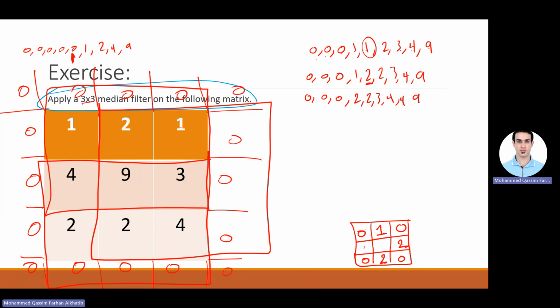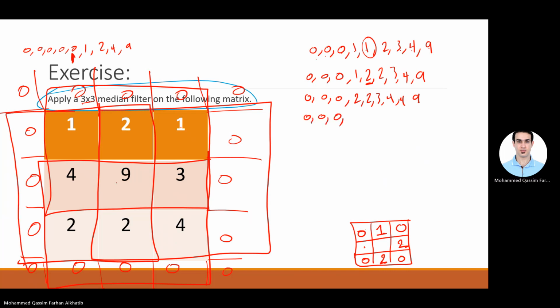Now the value at this pixel is going to be this part. I'll have 3 zeros again. Then I have 1, 3 twos: 1, 2, 2, 2, 1, 2, 2, 2, 4, 9. So that's going to be 2.